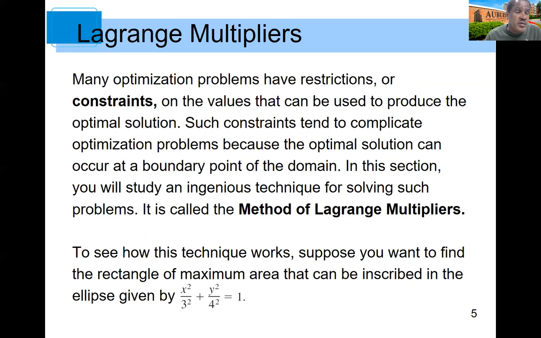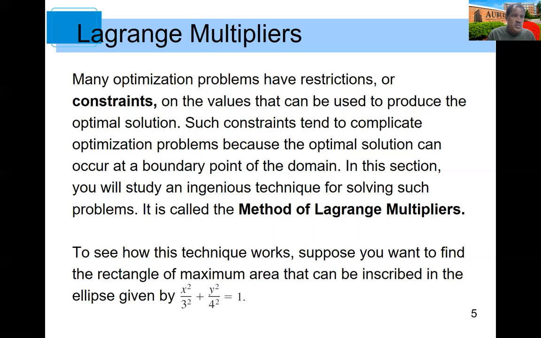Now, many problems of solving maximum and minimum have restrictions. You solve a maximum and minimum problem under certain restrictions. For what values of x and y is x times y less than or equal to 10? Well, you may say x is greater than 0, y is greater than 0. That's one restriction.